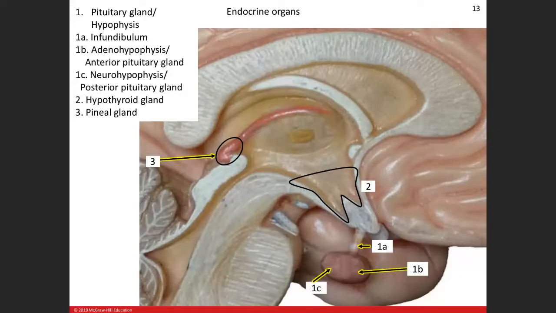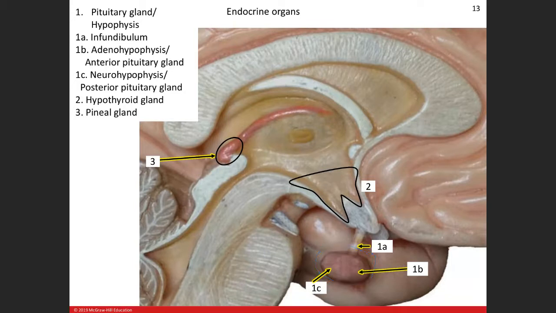All right, next one here. Now we're going to zoom in a little bit and label a couple other structures. So you can see the pituitary gland, or the hypophysis, and you can use either in your answer choices. This whole thing, number one, that's the pituitary gland. 1C and 1B together make up the pituitary gland.